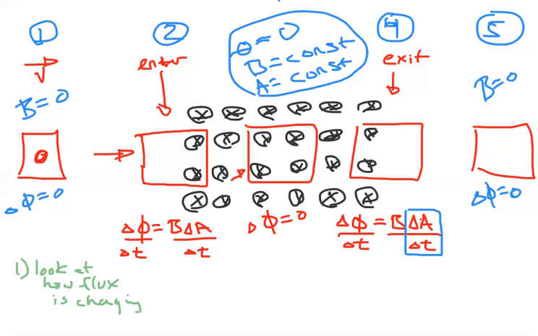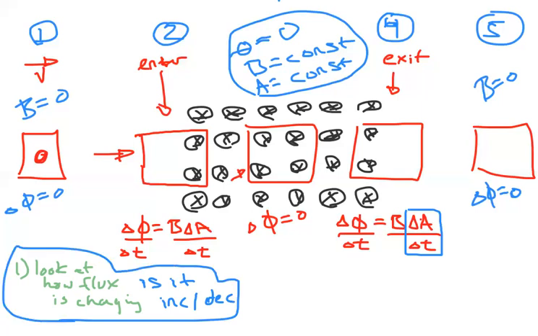It also means asking yourself, is it increasing or decreasing? That's actually the most important part for Dr. Ngana. So look at how the flux is changing. Is it increasing or decreasing? That's your first step. The next one, remember, we're trying to get direction of current here. Good, Levi, is we want to apply Lenz's law. There are more details here, but this is how you get this answer on the test and get it fast.